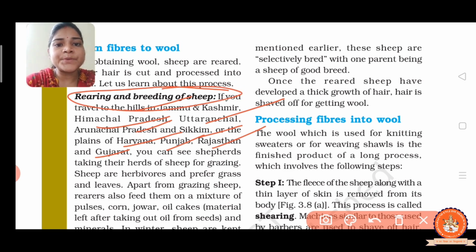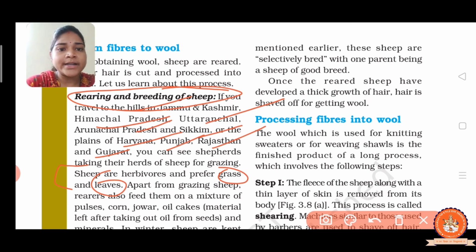Sheep are herbivorous animals, and you know very well that herbivorous animals depend on others for their food. They mostly eat grass and leaves.